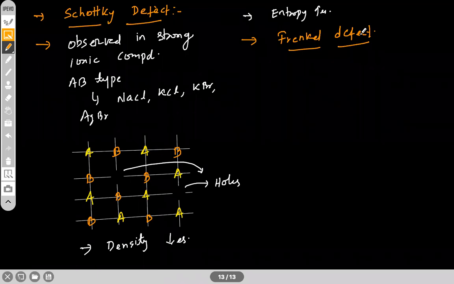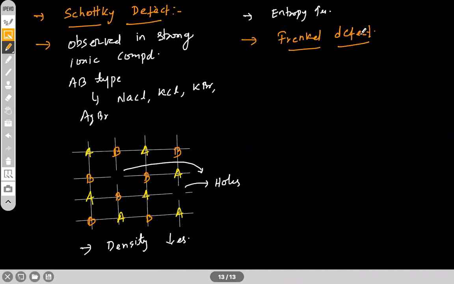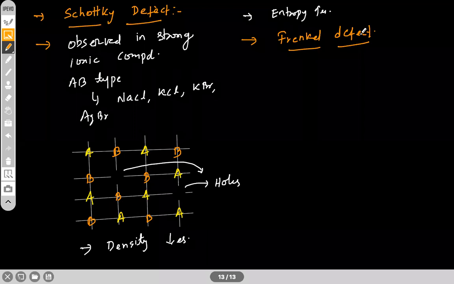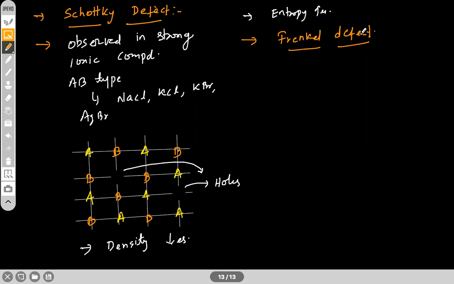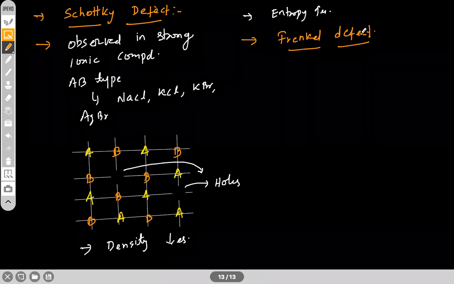next line, it creates vacancy defect at the original sites and interstitial defect at the new site. New site means where it goes.